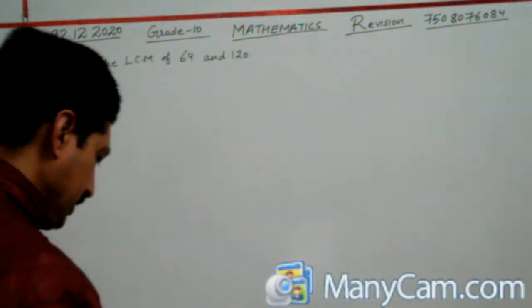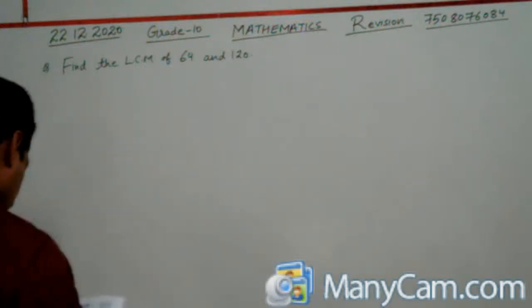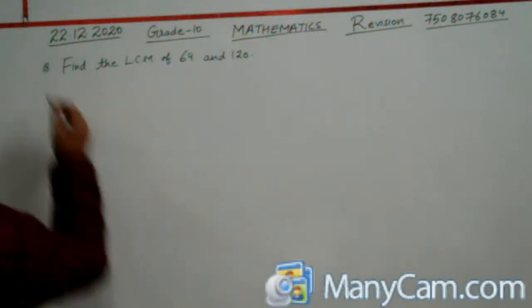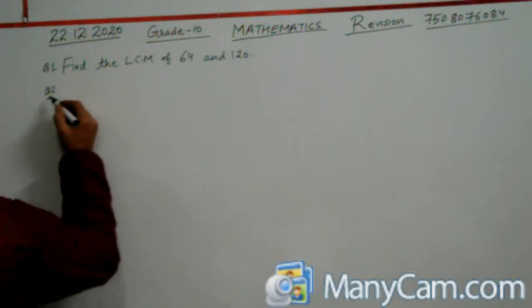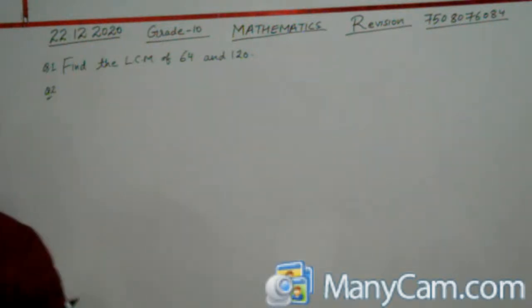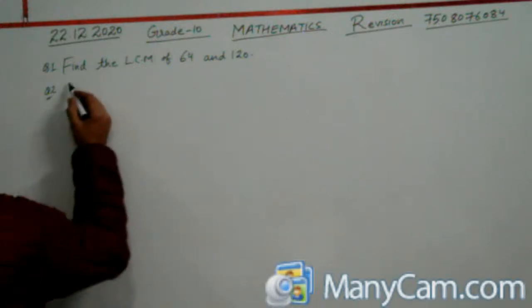Next is question number 2. Write all prime numbers and composite numbers between 80 and 100.